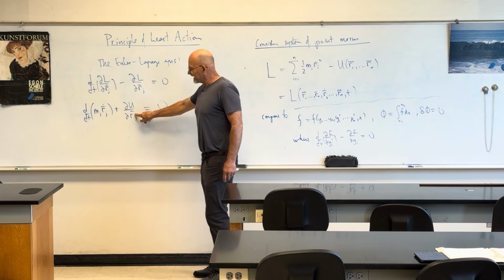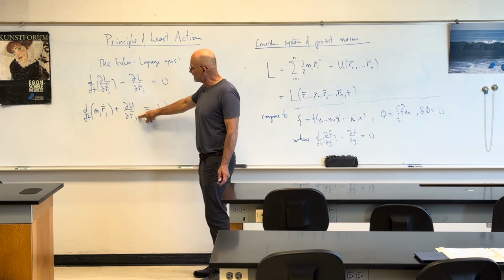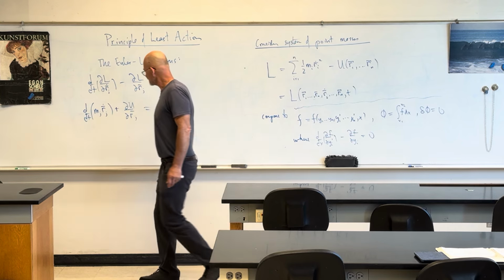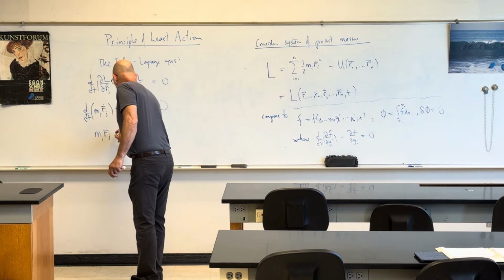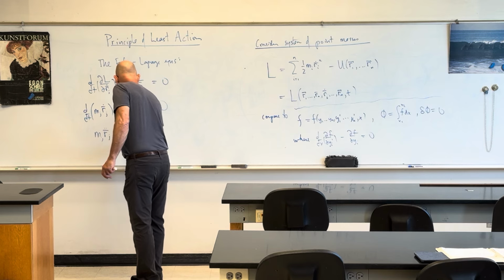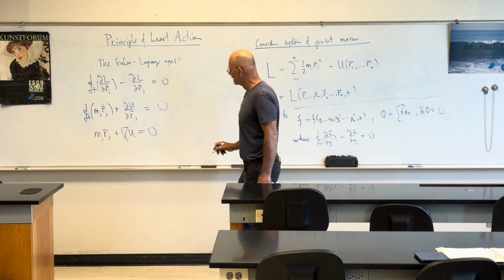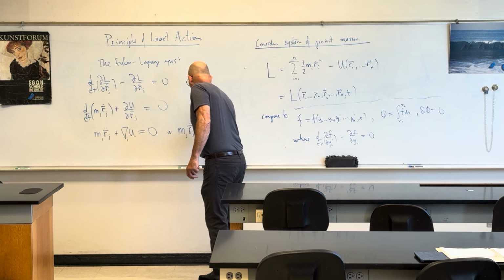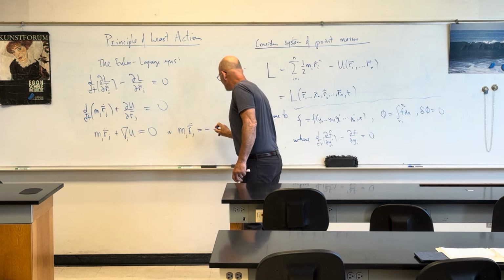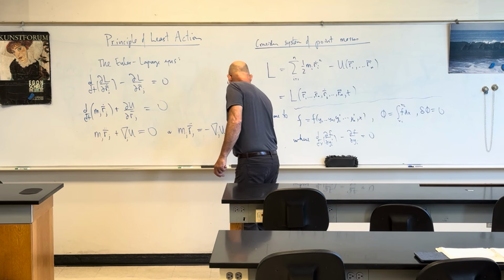But this is just a gradient. When I say dU with respect to the vector r sub j, that's just the gradient with respect to the j-th particle. So now I have m sub j r sub j second derivative plus gradient sub j of U equals 0. Who sees it? Or m sub j r sub j second derivative equals minus gradient sub j of U, which equals F sub j. Newton's law.